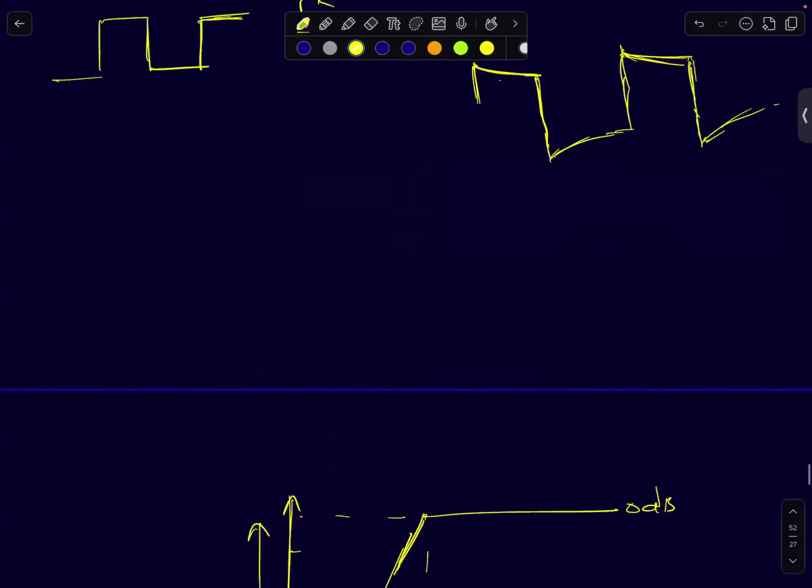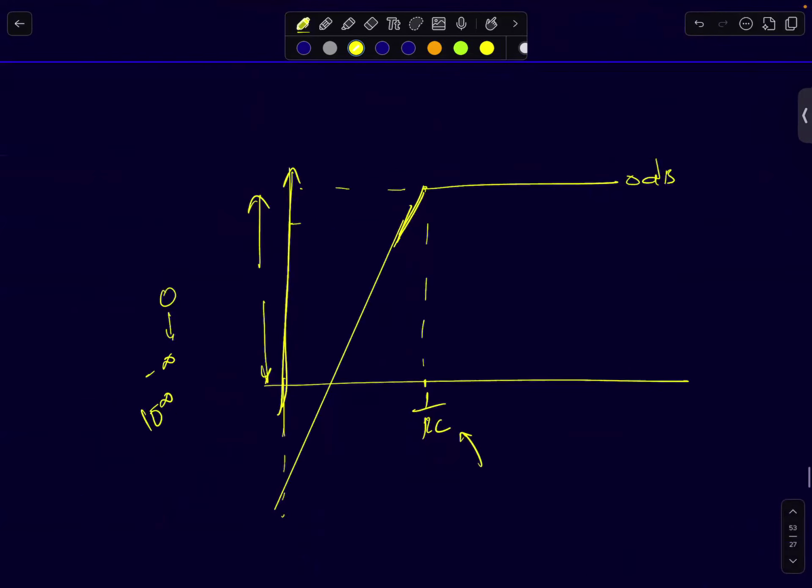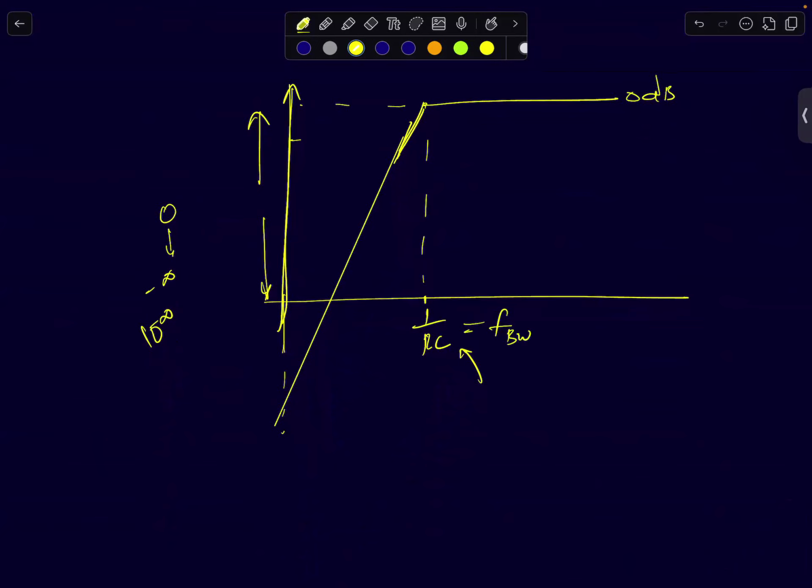Now, this condition, T much greater than RC, means your time constant is very small. In the frequency domain, this is your omega bandwidth, and if I write it as 2 pi times F bandwidth, this 3 dB bandwidth of your filter is much greater than your input signal's fundamental frequency.